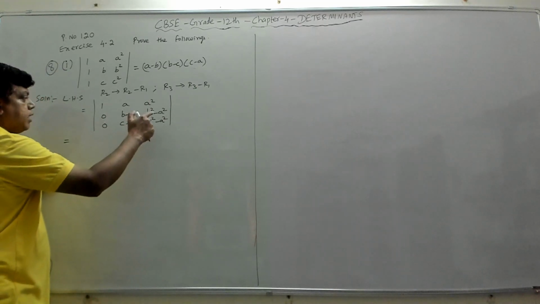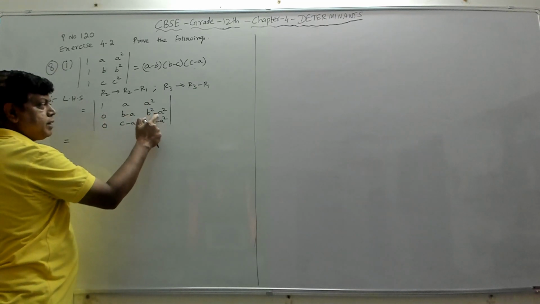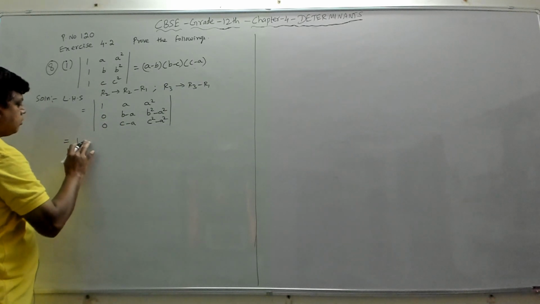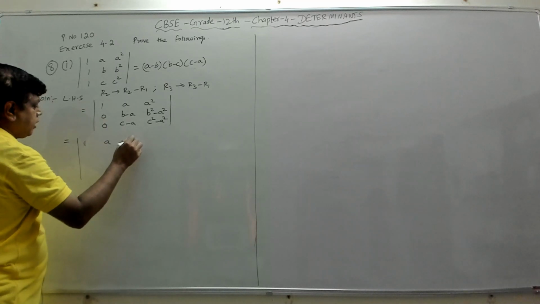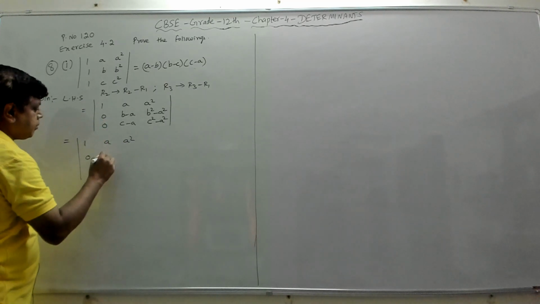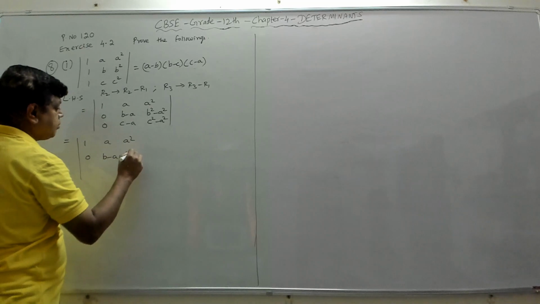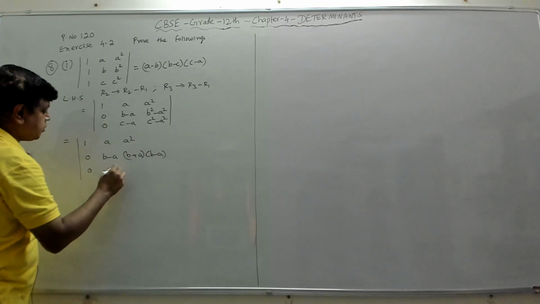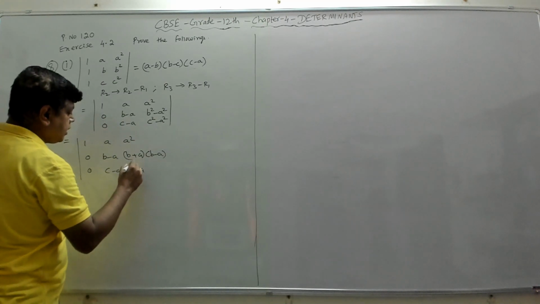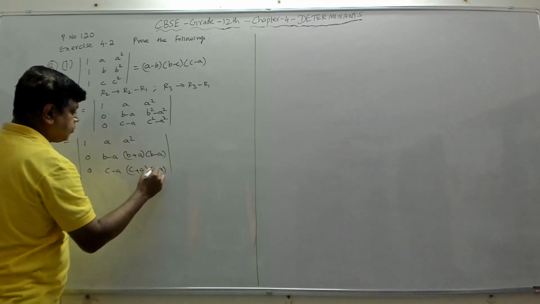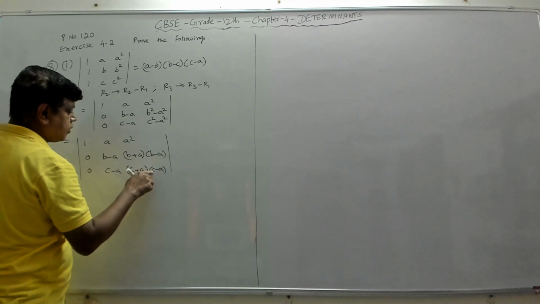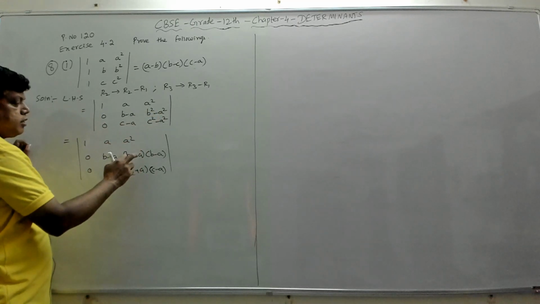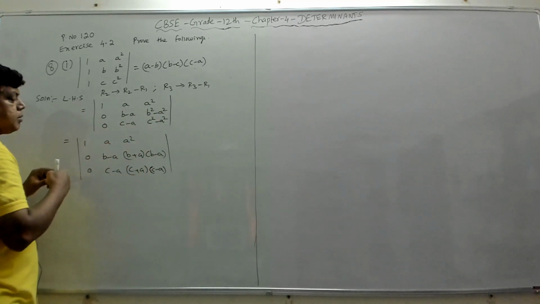If you want, I can write one more step: 1, A square; 0, B minus A, B plus A into B minus A; 0, C minus A, C plus A into C minus A. So B square minus A square is B plus A into B minus A, and C square minus A square is C plus A into C minus A.